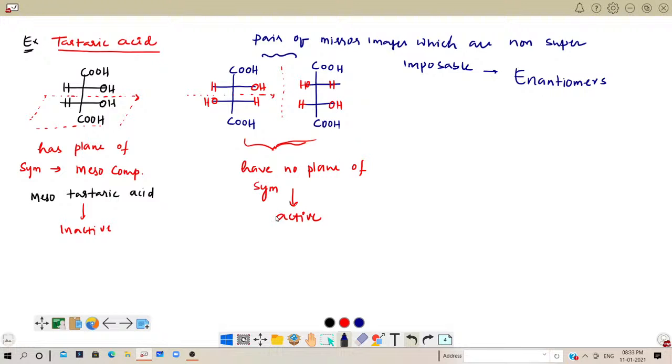Used one term, this is called enantiomers. So if these compounds, if you take equimolar, then I would like to give you a racemic mixture. So what is a racemic mixture?